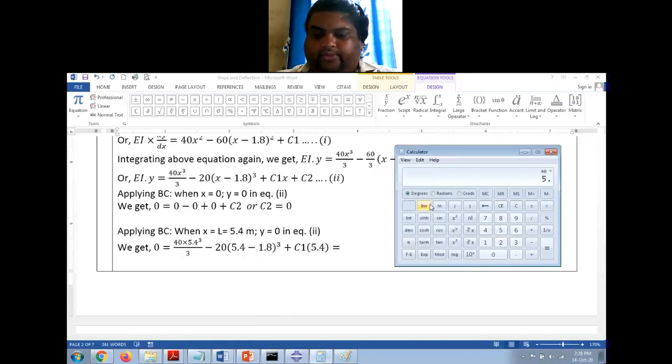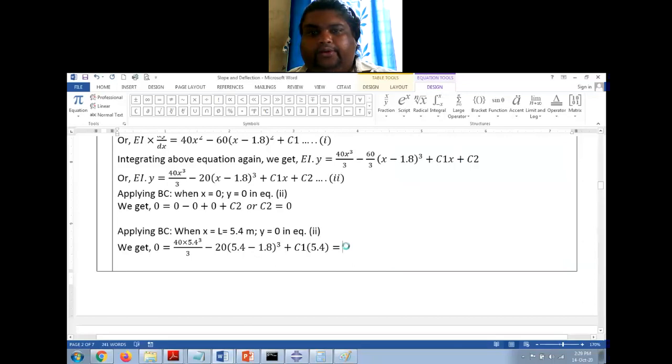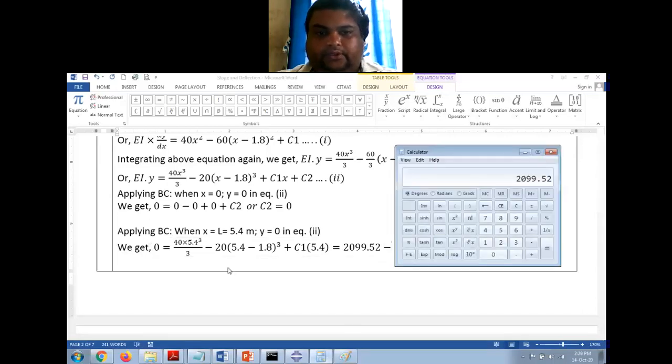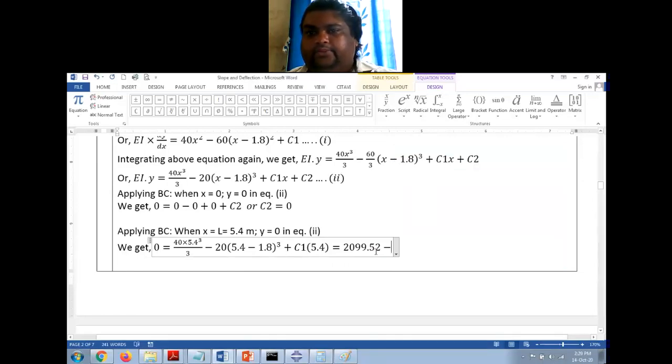40 into 5.4 cube by 3 is 2099.52, minus 5.4 minus 1.8 is 3.6, cube of this into 20, 933.12, plus 5.4 C1.